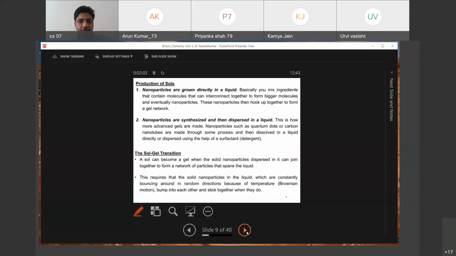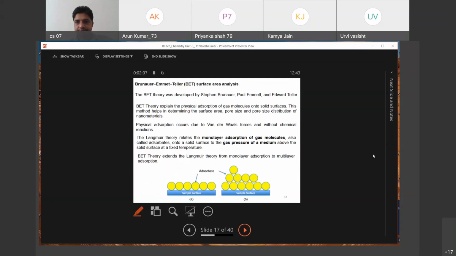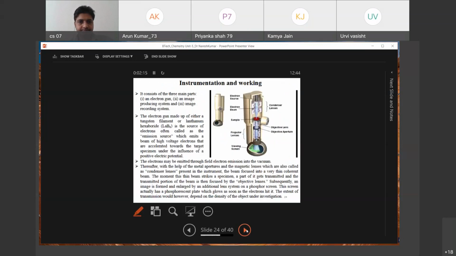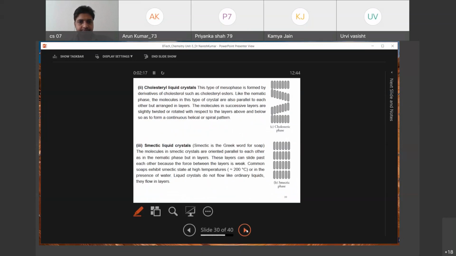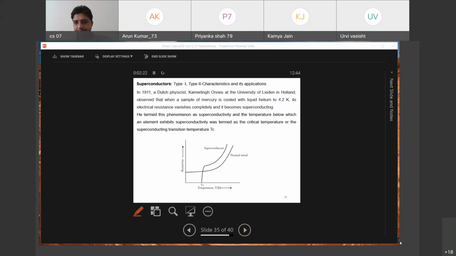Let's move to superconductors. You know, metals are conducting in nature, which means they can conduct electricity.